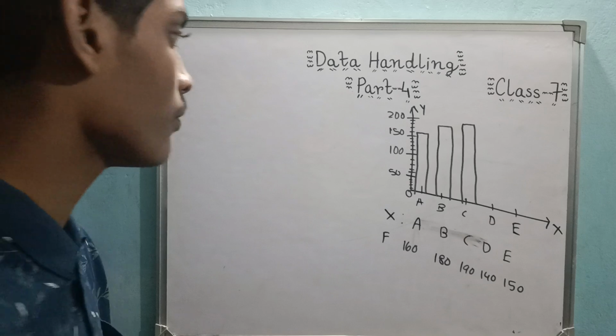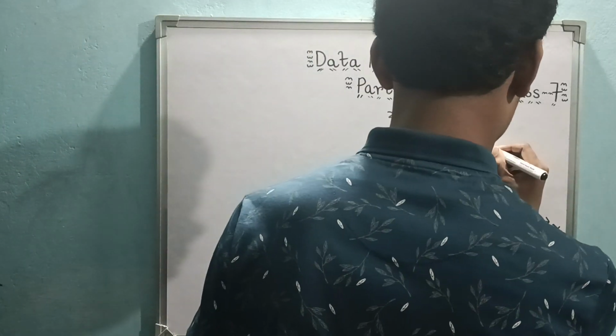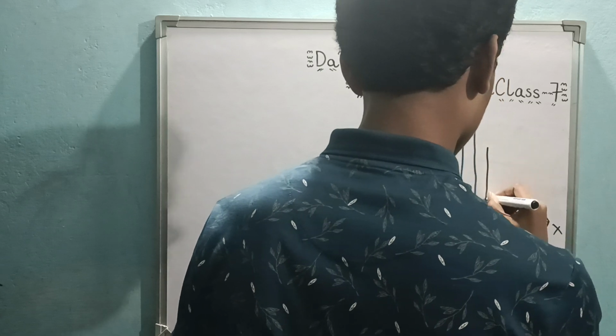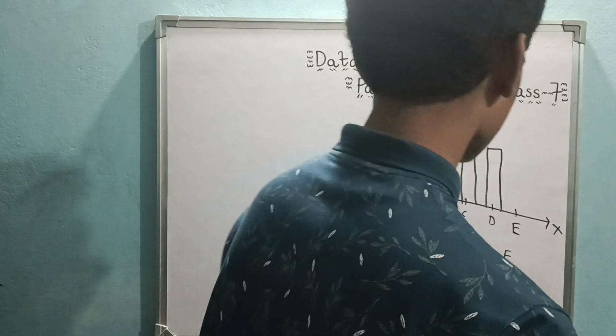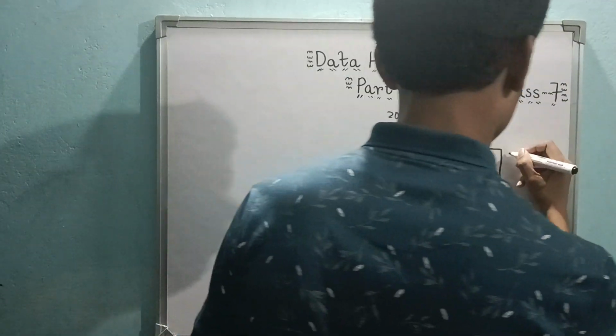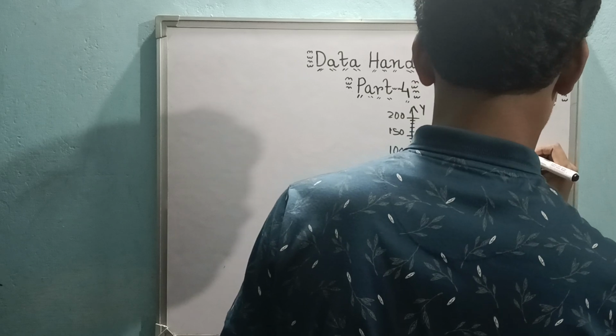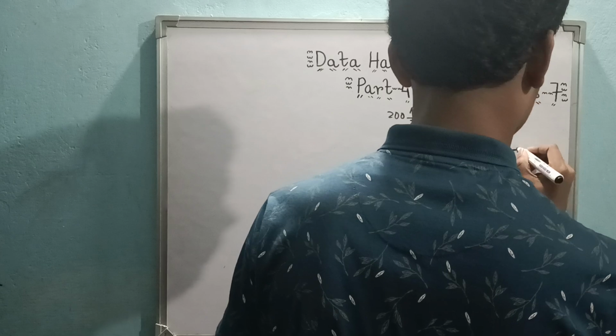Then D. Frequency 140, it will be here. So draw a bar on D just at frequency 140 with the apex. And finally E, frequency 150. So this is 150. On top of E, draw another bar.